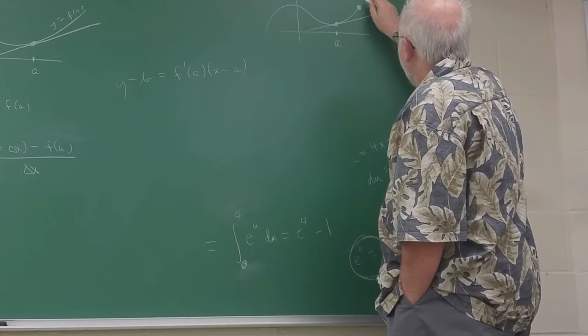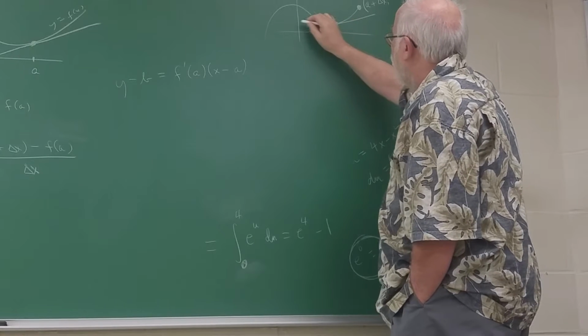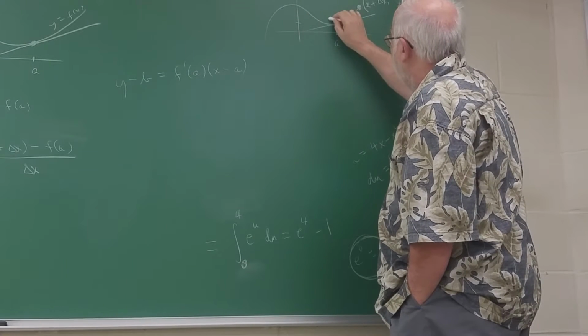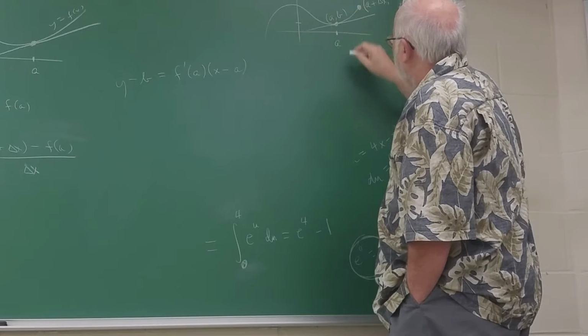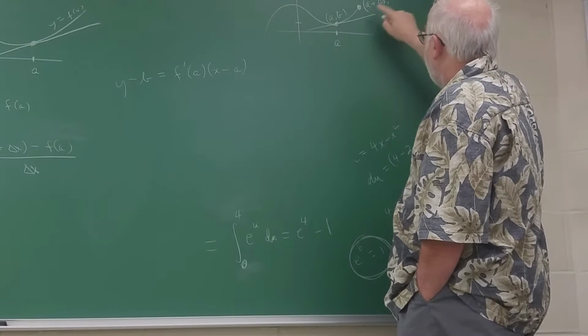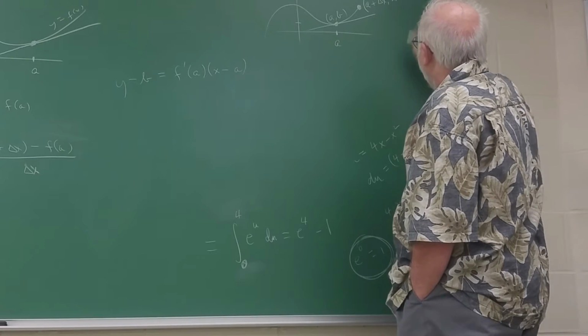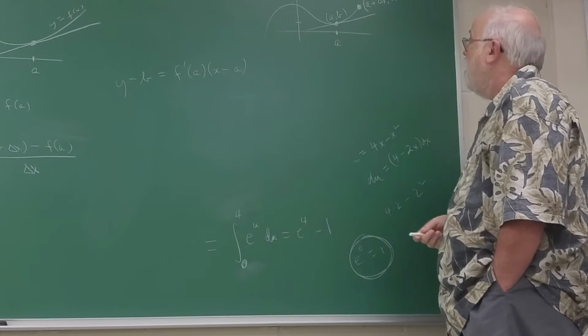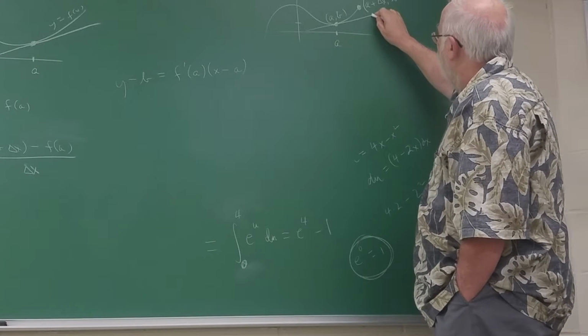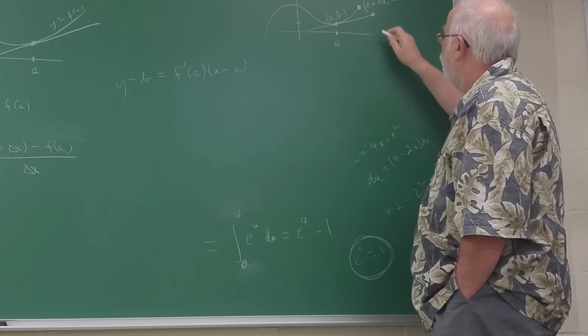And of course, I need two coordinates. So here I'm talking about a and b. But look, I changed both the x coordinate and the y coordinate. So this would be b plus delta y. Okay? And along here, I'm going to call the changes d something.